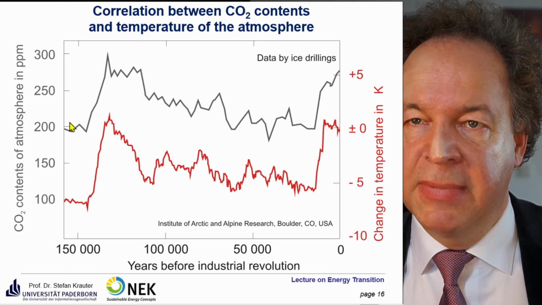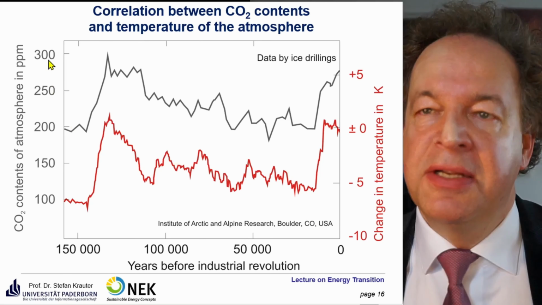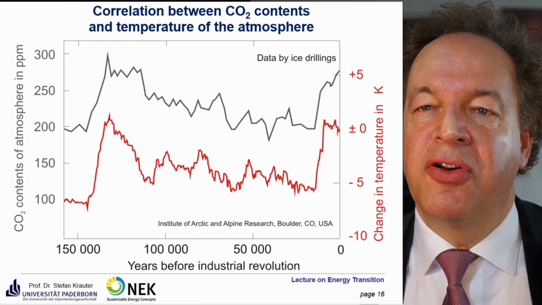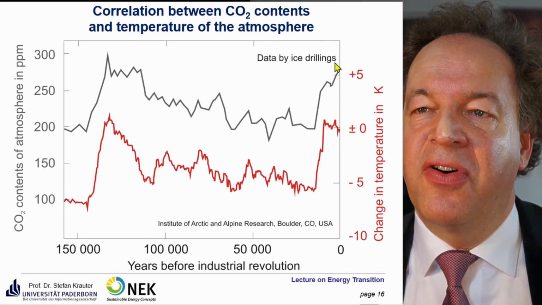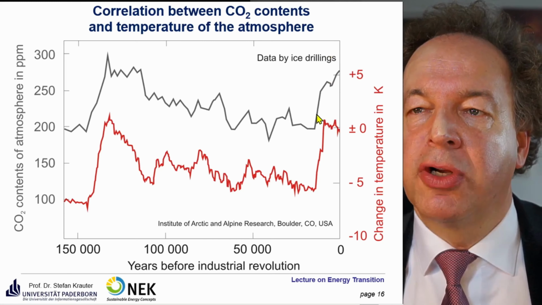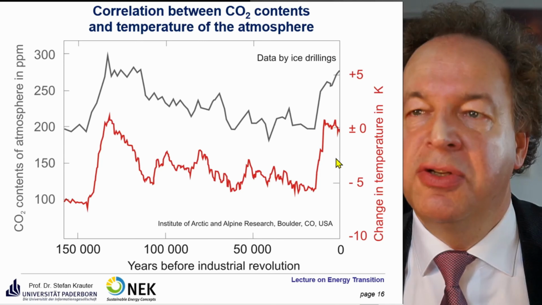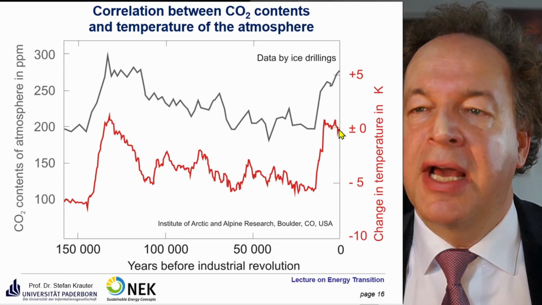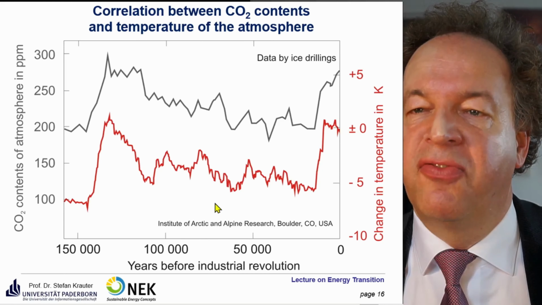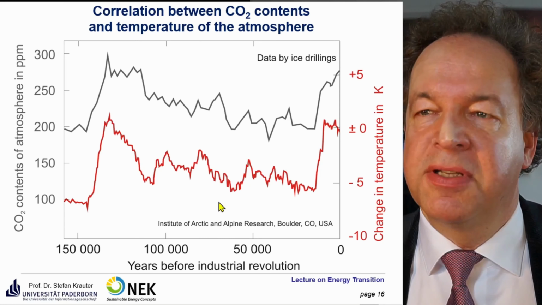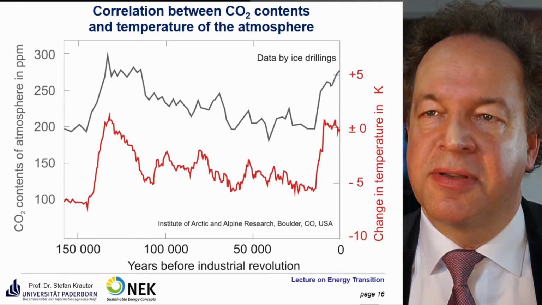And as I mentioned before, this year we reached the point of 418 parts per million, which is well above that scale. Within a very short period of time, within the last 100 years, we achieved a very high increase, and this is never seen in many years before today. Some people say even in 500,000 years this never happened.